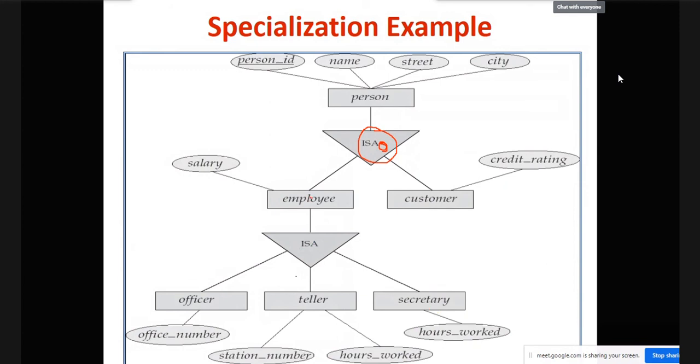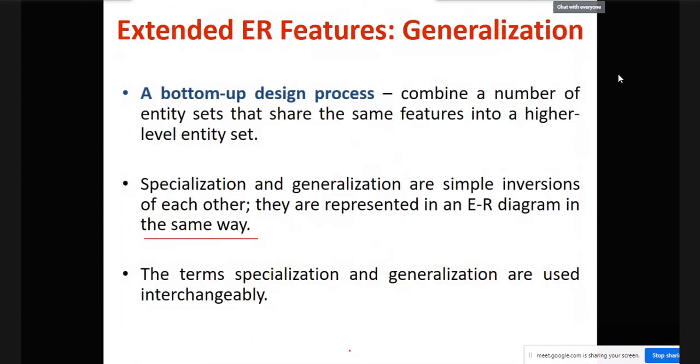So either employee can be part of this entity or this, but not together. So this is known as disjoint. So here in the circle you can write D and remaining things are the same, or write this triangle and write this word disjoint together on these three lines. Okay, instead of overlapping, disjoint.